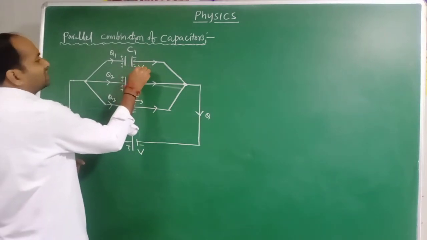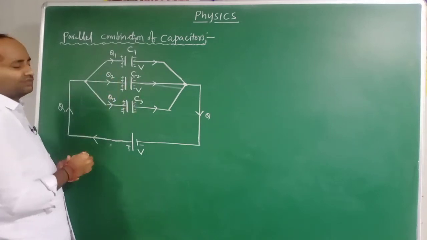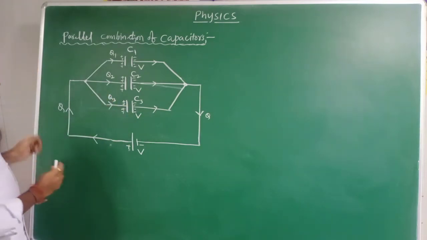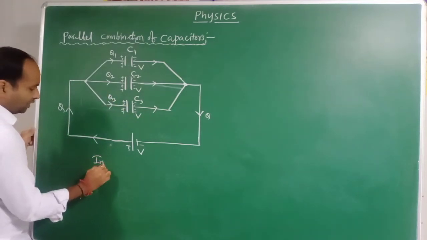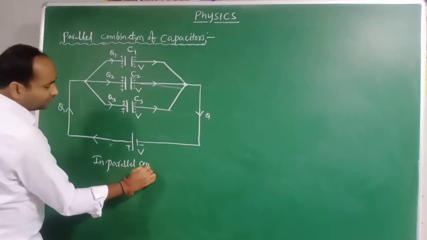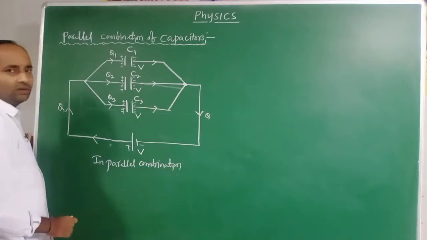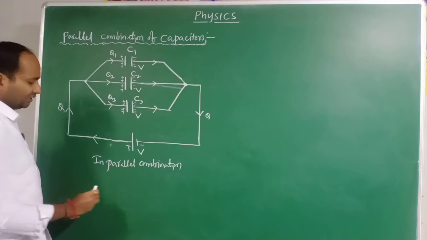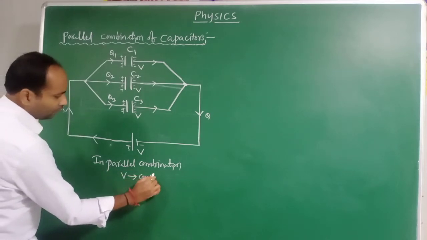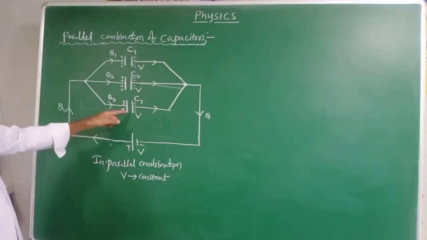The potential across the first capacitor is V, the potential across the second capacitor is also V, and the potential difference across the third capacitor is V. Means in parallel combination, potential remains constant. V is constant.